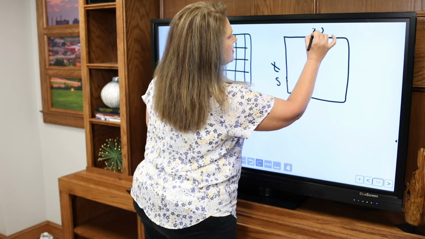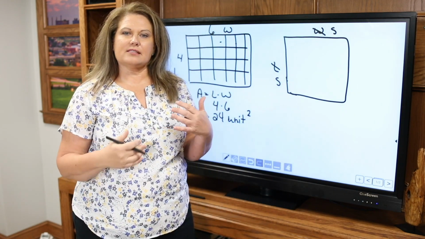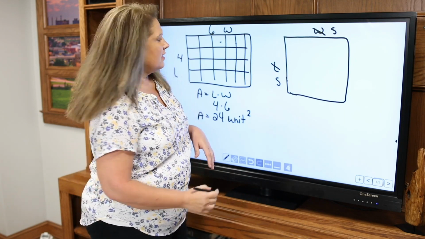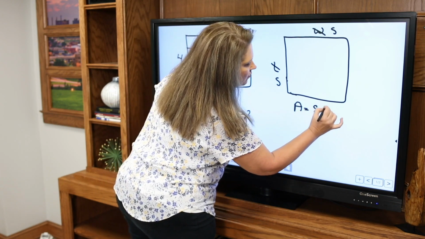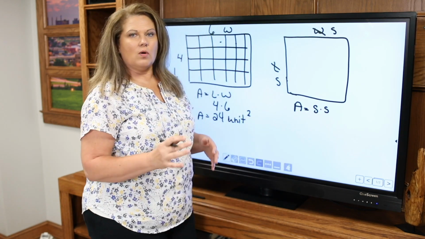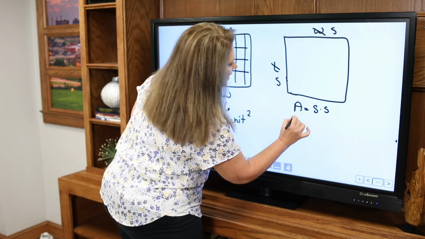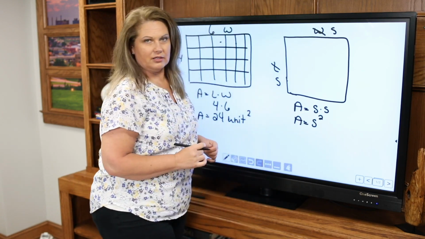So I'm just going to cross those out, and I'm going to put side, because S stands for the same unit or the same length. So I can come down here and say area equals side times side. Well, I can shorten that even further by using a power, and I can say area equals side squared.